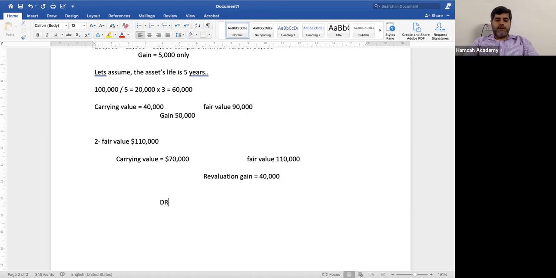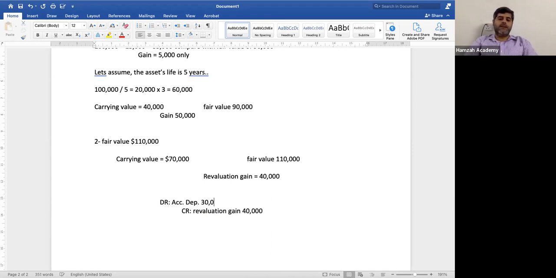Double entry. Debit, and as far as the credit is concerned, it is going to be revaluation gain of 40,000. We are going to debit the accumulated depreciation.